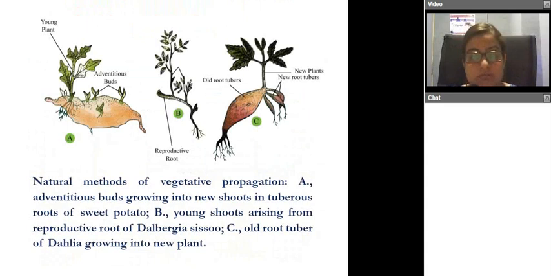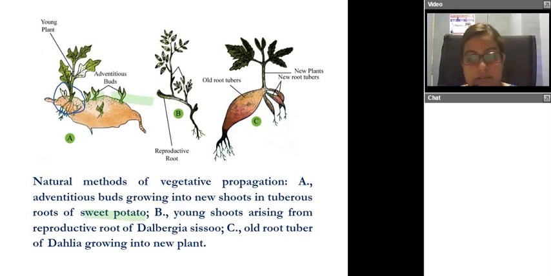Can we see? These are the adventitious buds developing in a potato tuber, in a sweet potato. A young plant is seen to have developed from these adventitious buds.